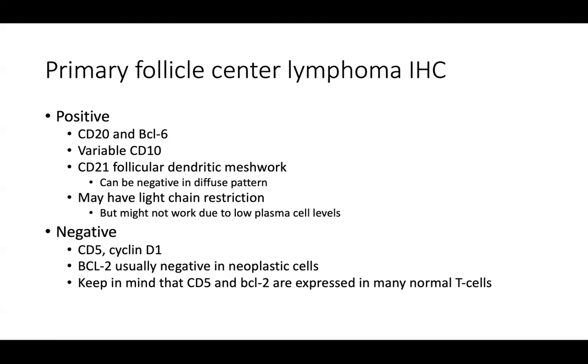So be careful with the BCL2. You might see it or you might not see it in follicle center lymphoma, but in a pure primary follicle center lymphoma, it's typically negative. If you have infiltrating T cells mixed within the population, you might see BCL2 there on those, as well as CD5. So try to correlate the populations that you're looking at and make sure that they're actually B cells.